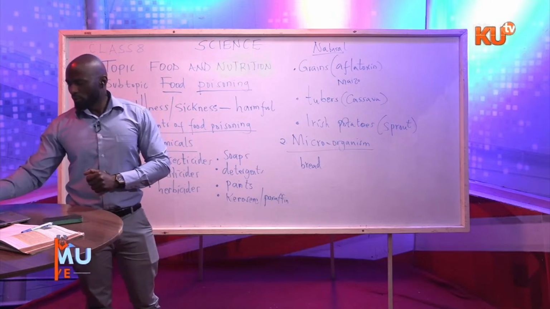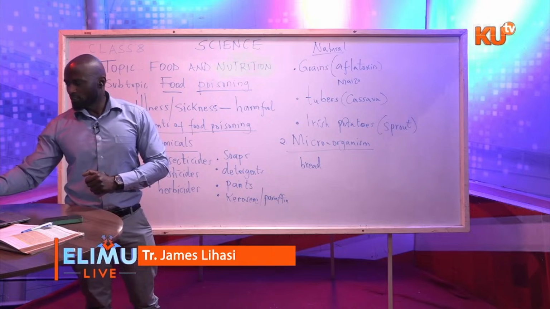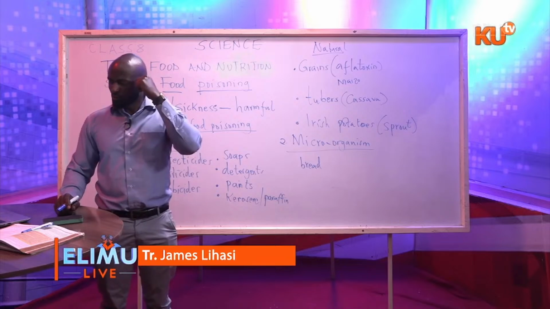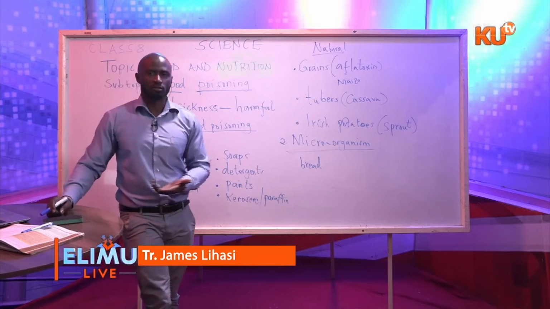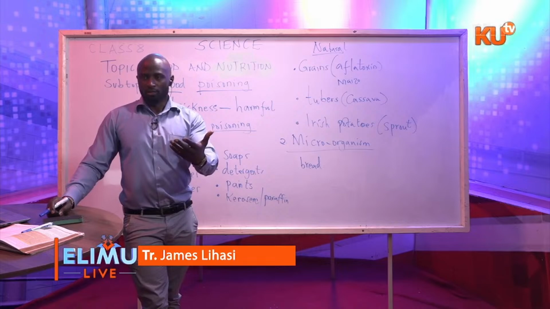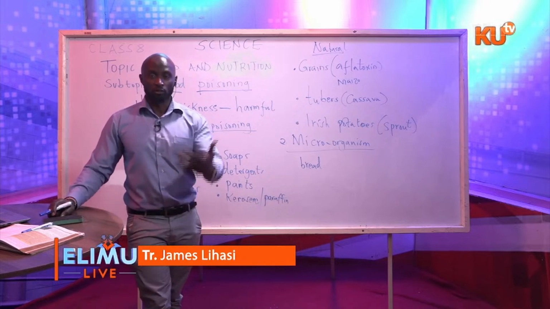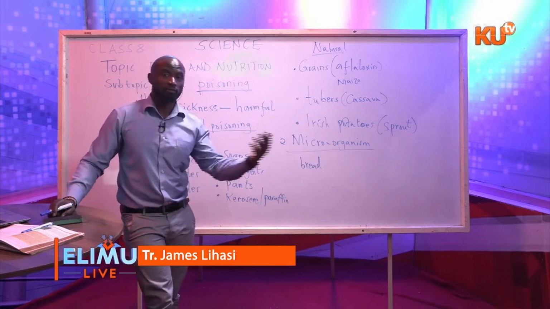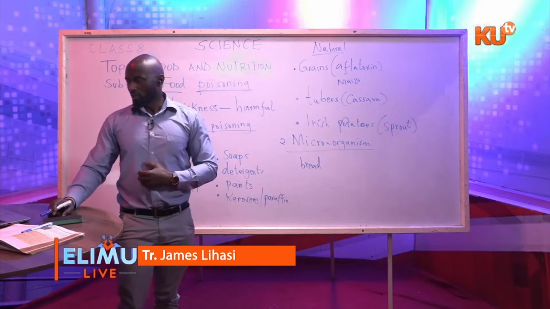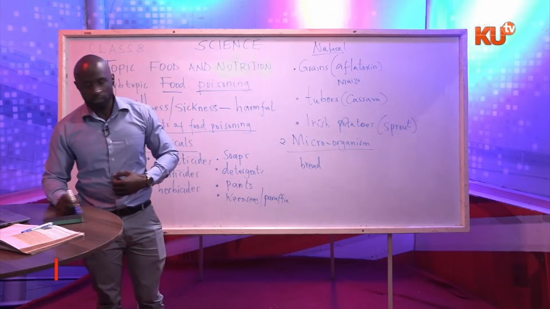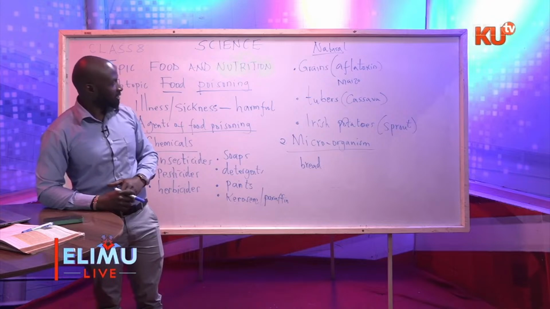Some books will use those two words interchangeably, but I'm here to clarify that symptoms basically are feelings, sensations. That's why when you go to a doctor, the doctor will ask you, how are you feeling? Oh, I'm feeling fever, such kind of things. Those are basically the symptoms that we're going to look at as far as food poisoning is concerned.